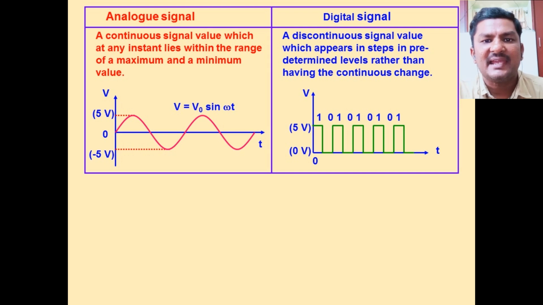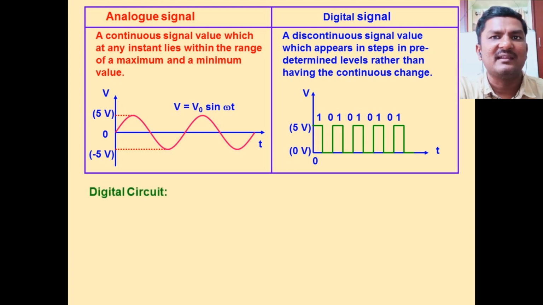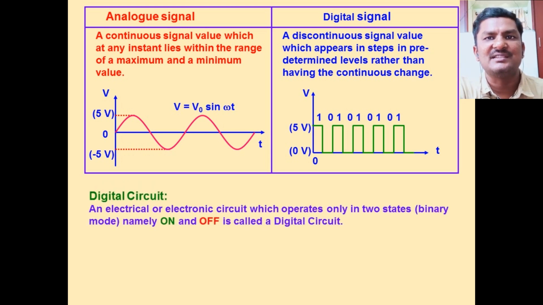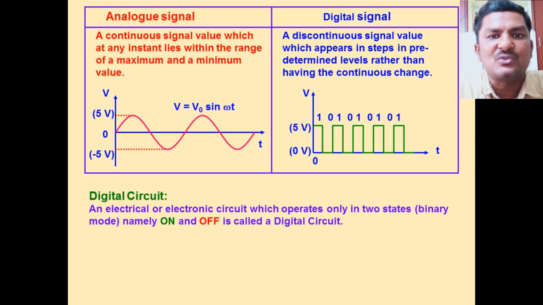And in this example, for 5 volt, the value I mention as 1, and for 0 volt, the value is 0, and variation of potential with respect to time. So at initial stage it is 5 volt, that state represented by 1, and next the potential is 0 volt, so that state is represented by 0. So in digital electronics only two states are possible, those are 1 or 0.